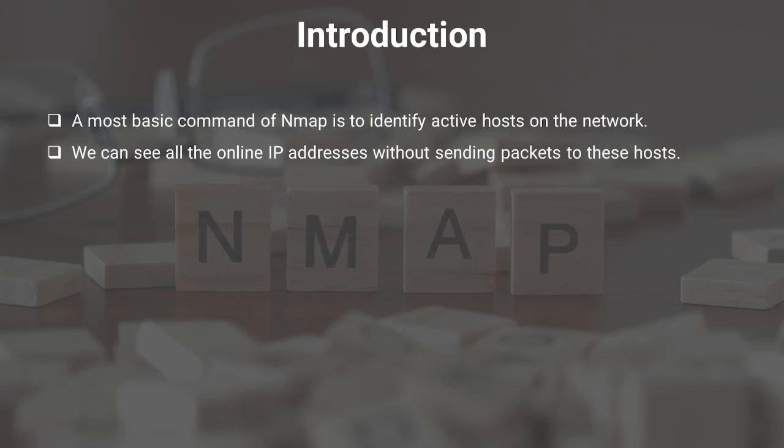The most basic command of Nmap is to identify the active hosts on a network, so we can see all the online IP addresses without sending packets to these hosts. You may ask yourself, why would I do that? Well, there are two reasons. The first one is that in some cases the firewall of the target system that we want to scan gives a false result, or doesn't give any result at all when you ping the system.